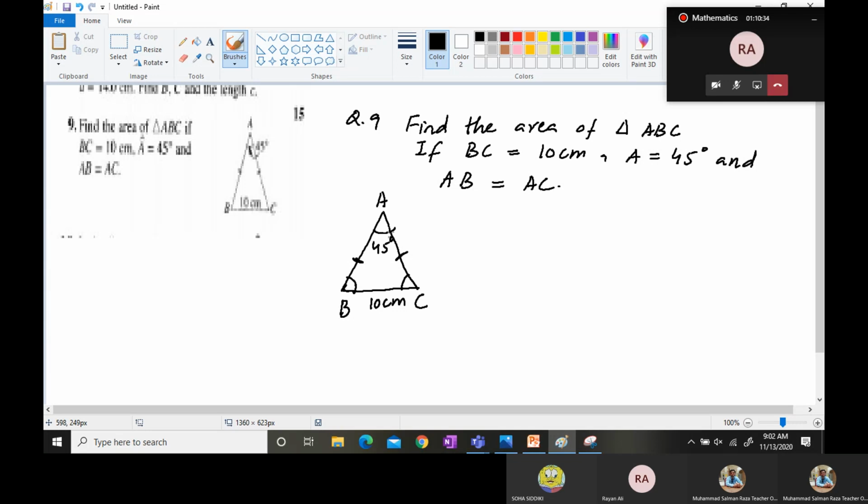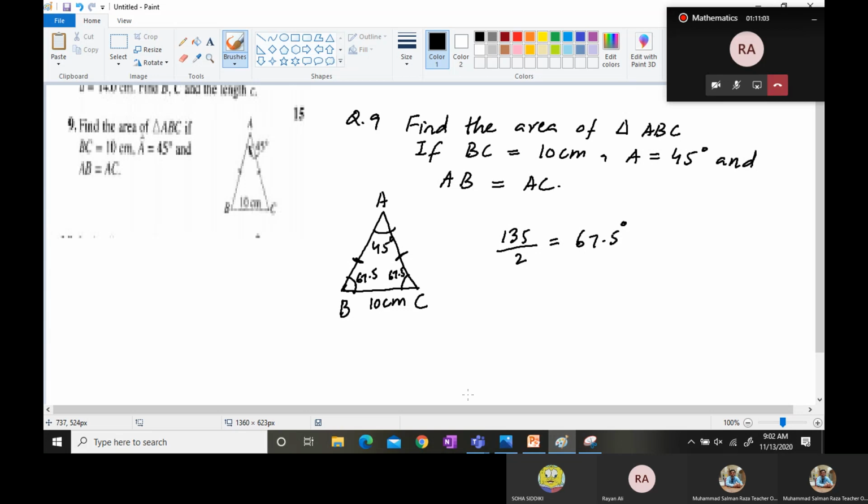If I subtract 45 from 180, I get 135, and when I divide it by 2, I get 67.5. It means this angle is 67.5 and this angle is 67.5.